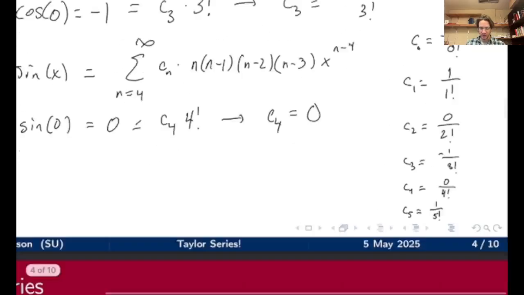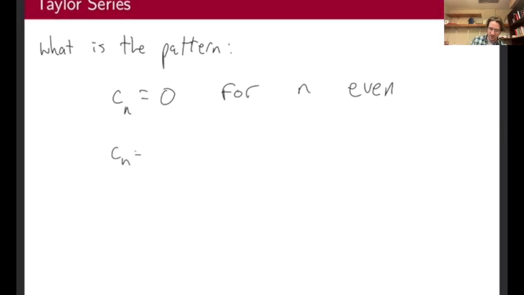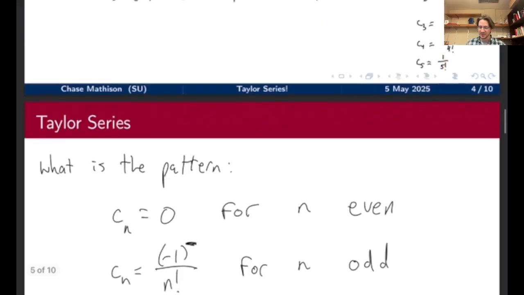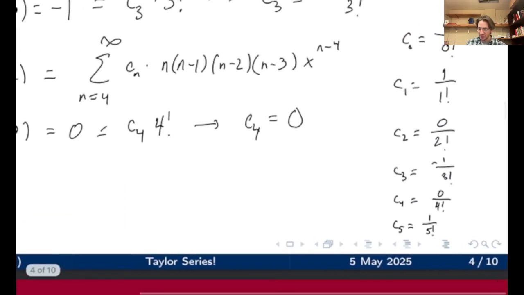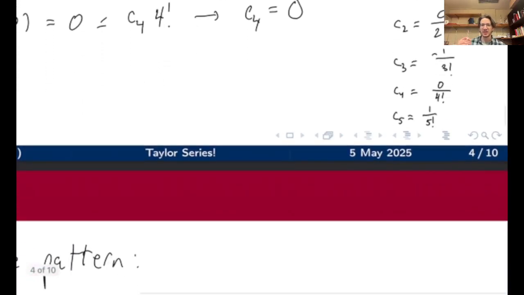The odd ones, Cn equals negative 1 to the something over n factorial for n odd. And this is alternating, that's why we have this negative 1. So when n is 1, we get positive 1 over 1 factorial. When n is 3, we get negative 1 over 3 factorial. When n is 5, we get positive 1 over 5 factorial. And so we have this alternating nature.